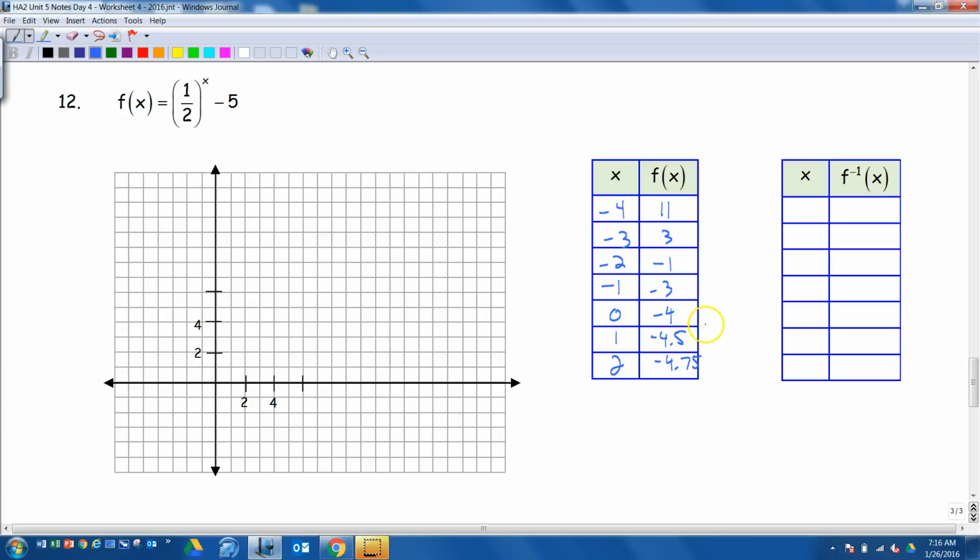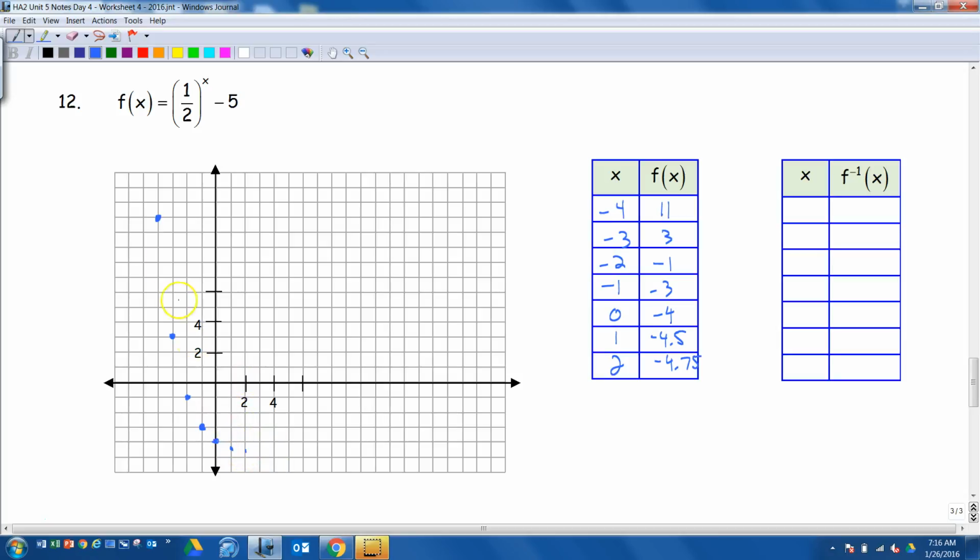Okay, so if I graph this, I get -4, 11, -3, 3, -2, -1, -1, -3, 0, -4, 1, -4.5, 2, -4.75.